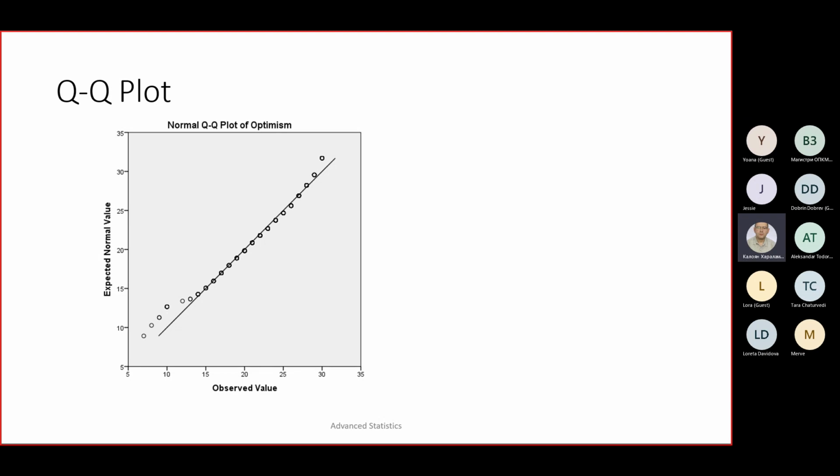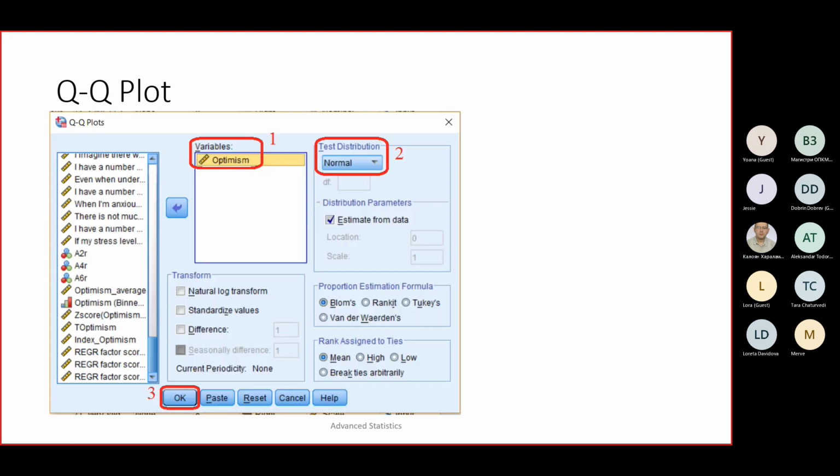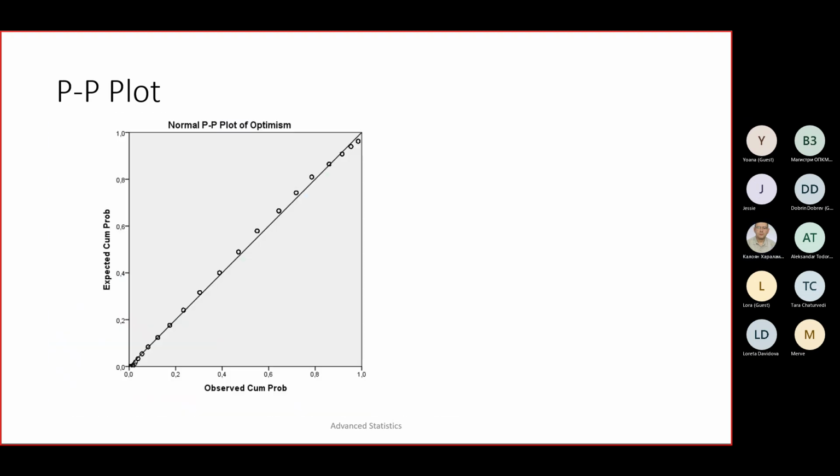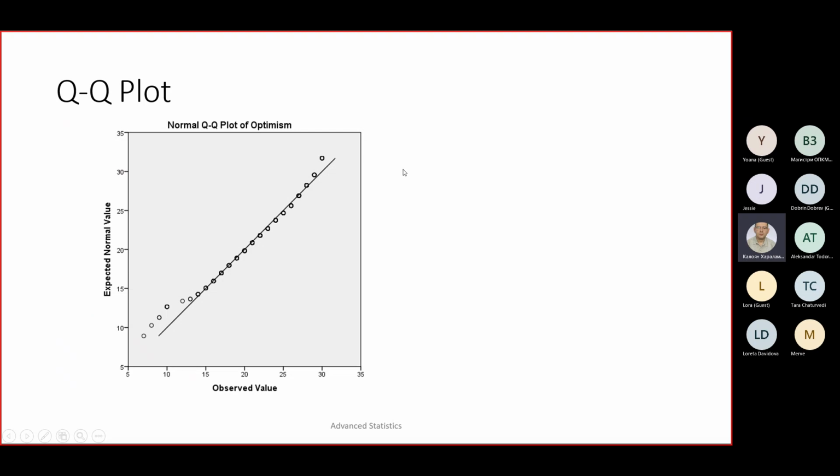If we compare these graphs, we could see that the QQ plot shows that in the middle these two distributions are very close, but on the right and on the left they are different.